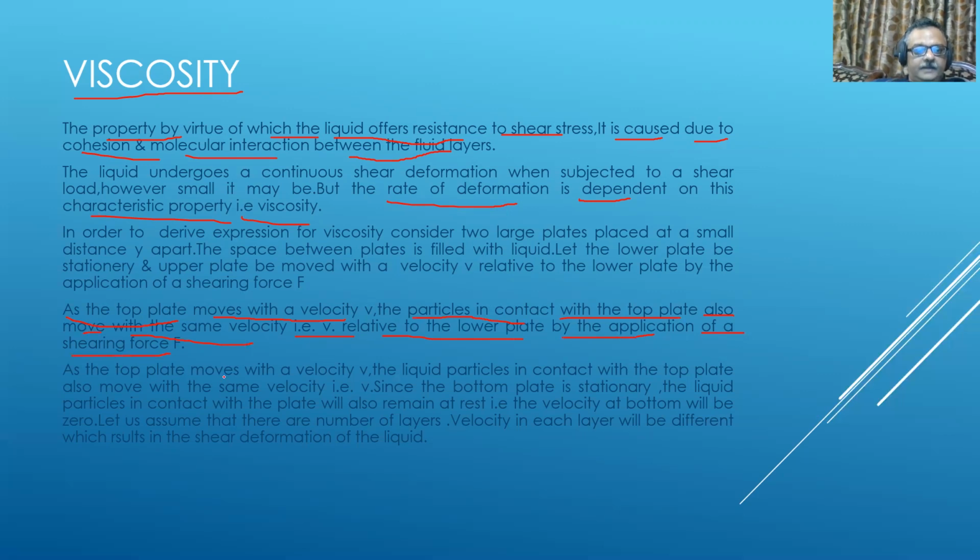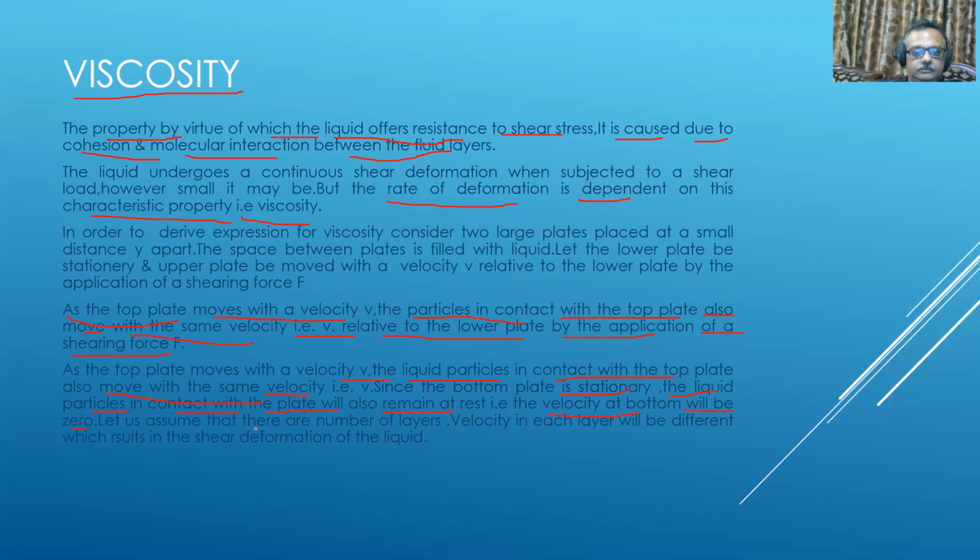So as the top plate moves with the velocity v, the liquid particles in contact with the top plate also move with the same velocity, that is v. Since the bottom plate is stationary, the liquid particles in contact with this plate will also remain at rest. That is, the velocity at bottom will be zero.